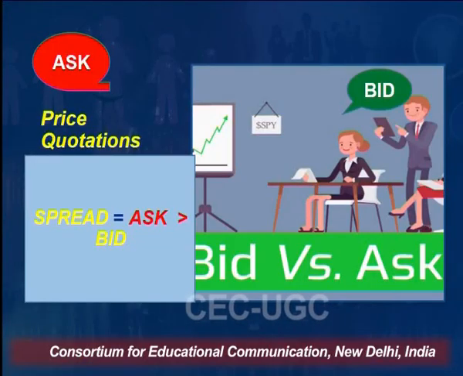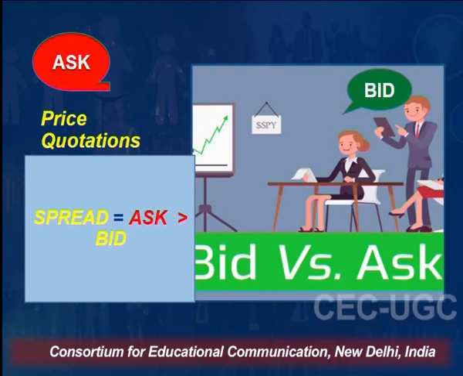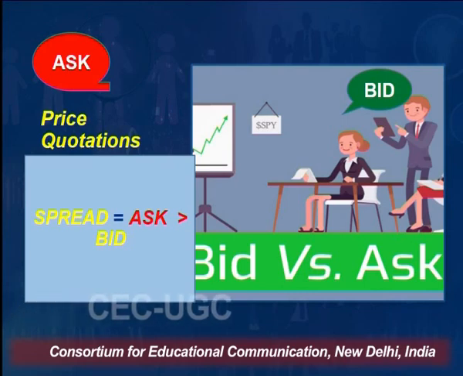So here we call it bid-ask spread. There is a price quotation, bid versus ask. I want to buy a share at 150 rupees, and the seller wants to sell it at 151 rupees. So this difference of 150 and 151 is called spread.